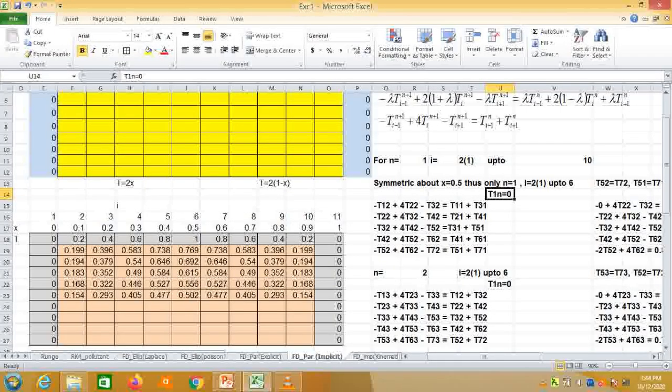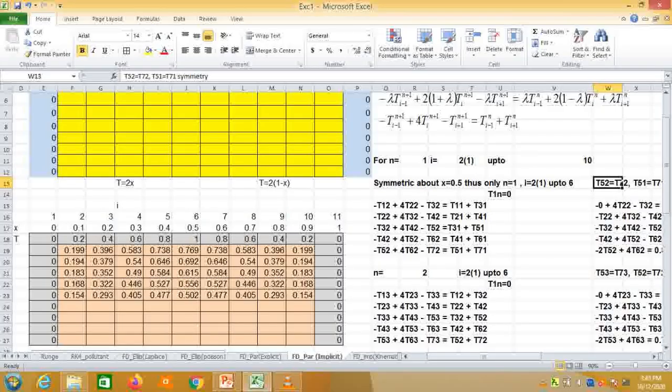Since it's going to be symmetric from the 6th node onwards, we're going to calculate from i equal to 2 up to the 6th node. From that onwards, it's going to repeat itself. T52 is essentially T72, obviously.